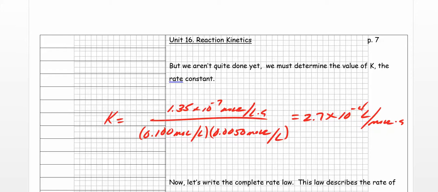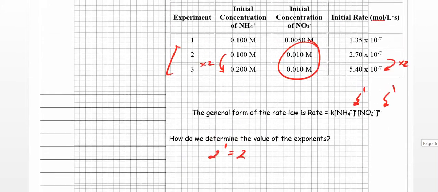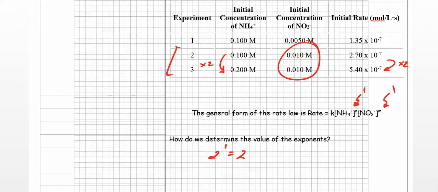We're going to go back to this equation. And now that we know that the n is 1 and the NH4 plus has an exponent of plus 1 and the NO2 minus has an exponent of plus 1, now what we're going to do is go back into the table.